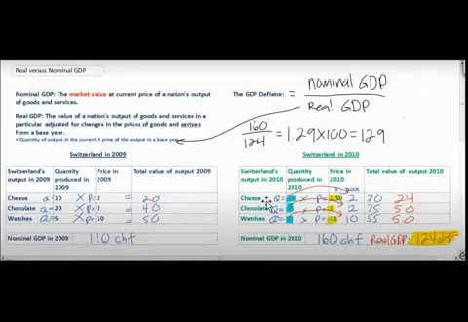Tumaas yung output, 'di ba sabi natin ang hinahanap natin is the output, is the real output, ng goods and services on that particular year. Okay? Ang problema dito, tumaas yung output niya but not because of the quantity itself, okay? But because of the price din.